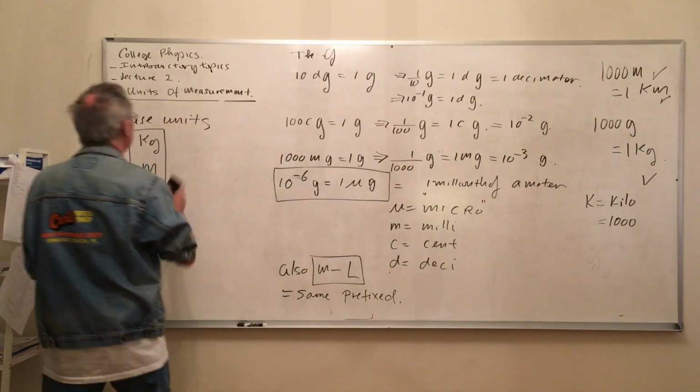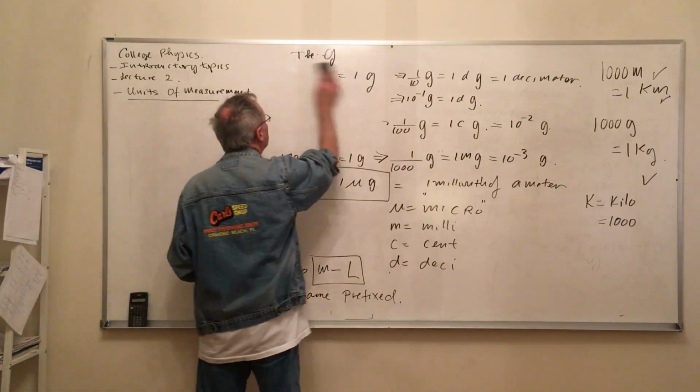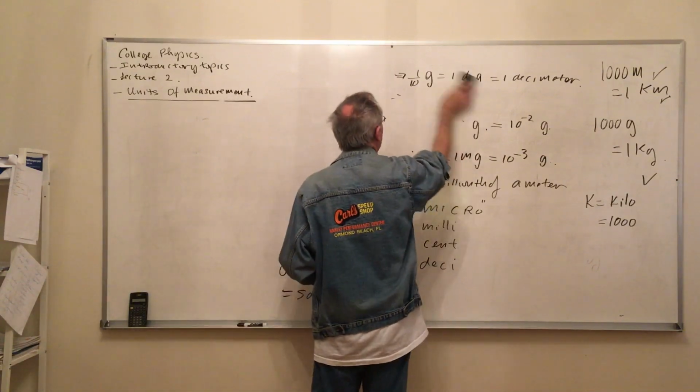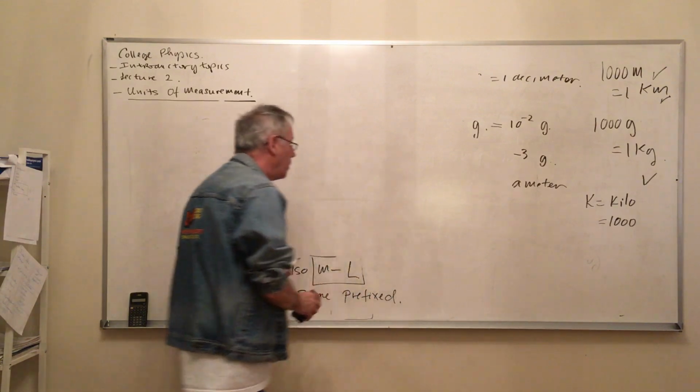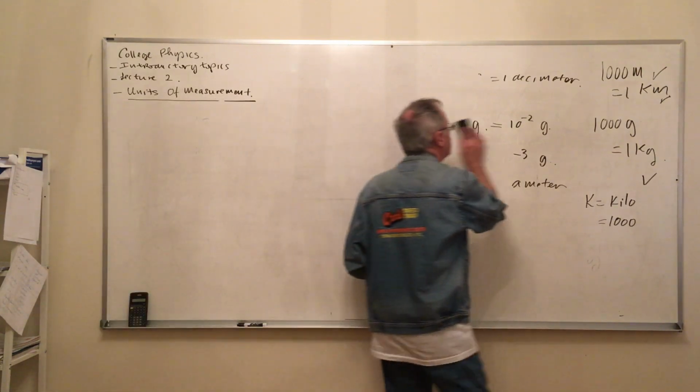Now let's convert. How do we convert from one unit to another? Well, we can't convert from grams to meters, but we could convert from grams to pounds. To convert, you need a conversion factor, but we'll stick within the SI system first.